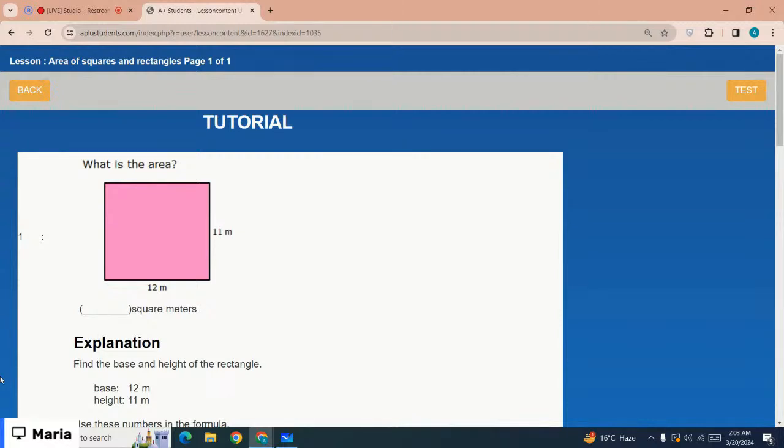What is the area? So you are given a rectangle and you have to find the area of the rectangle, right? You are given the height and the base of the rectangle.